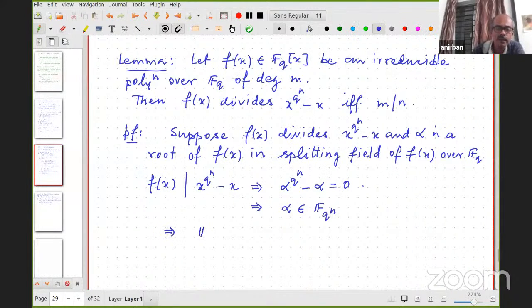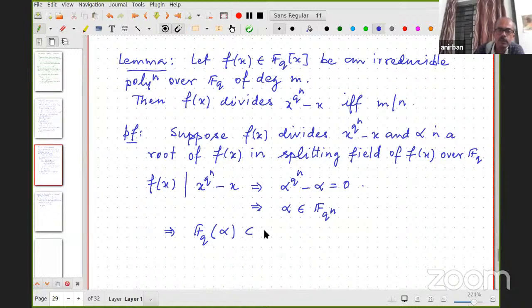Now if I attach alpha to F_q, this is the field generated by F_q and alpha, in other words, the smallest field which contains F_q as well as alpha.